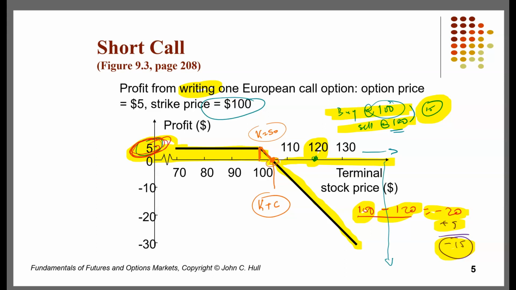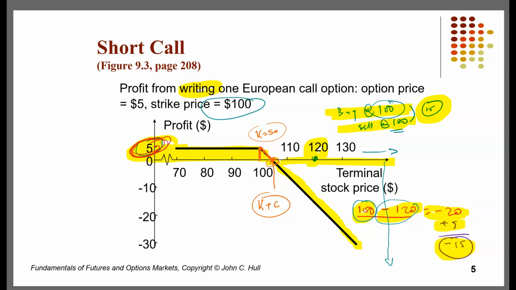If you write a call option, you're giving somebody the right to purchase the underlying from you at some point in the future at a given price. If you do not already own the underlying, you would have to go out in the market, purchase the underlying, say at 120, and then turn around and sell it at $100 per the option contract. And so the loss is literally unlimited, right?